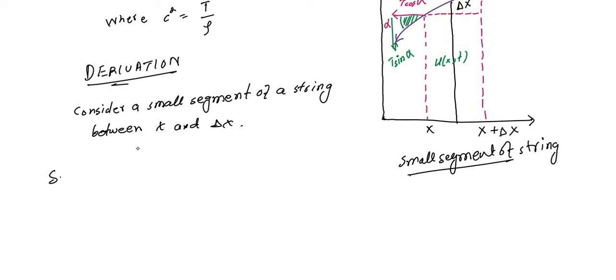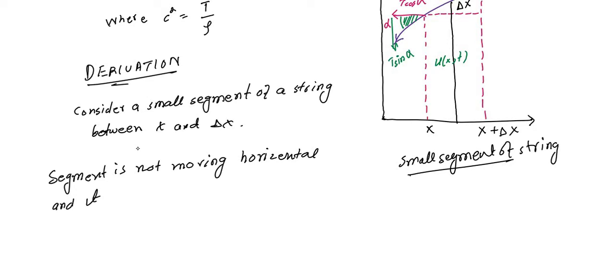So the segment is not moving horizontally, and its mass is rho times delta x.